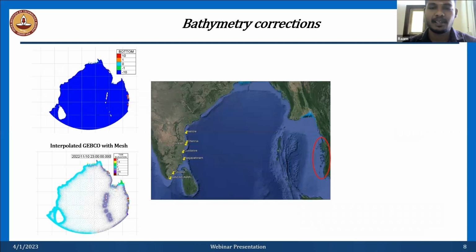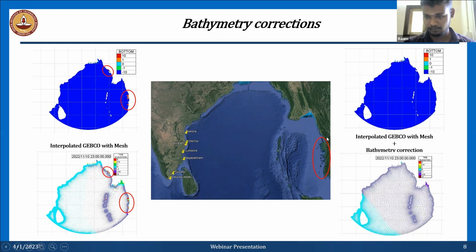This is the bathymetry error that we will face, because GEBCO is data with a 30 arc-second resolution. There will be an error because of interpolation. These are the error points which I have observed in this zone, and we can manually correct them, because it is gridded data in NC format.